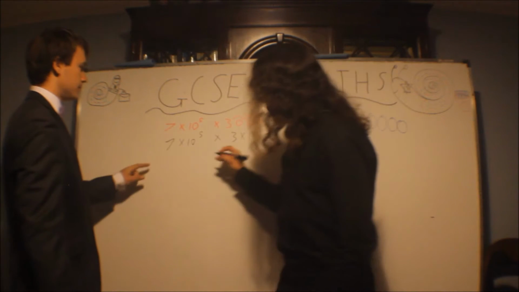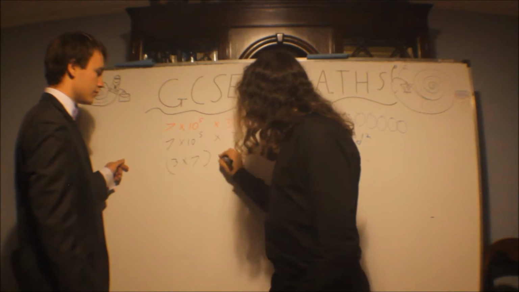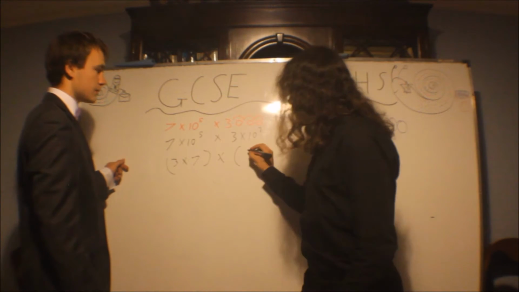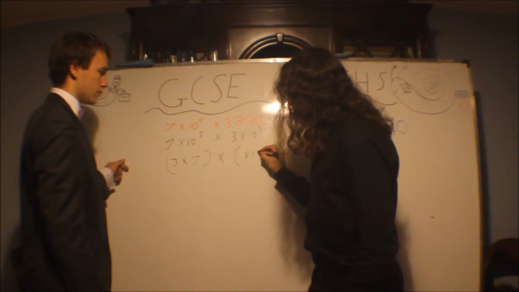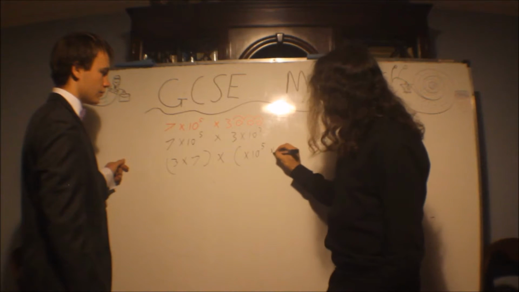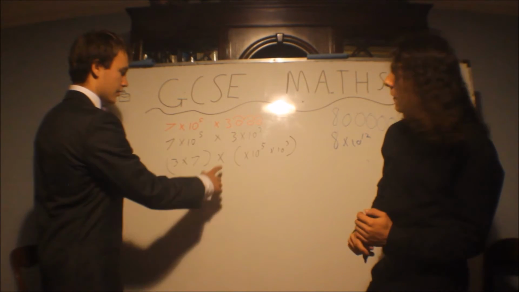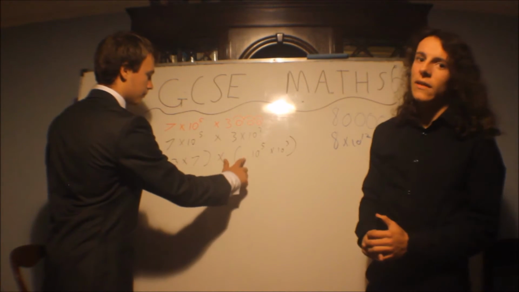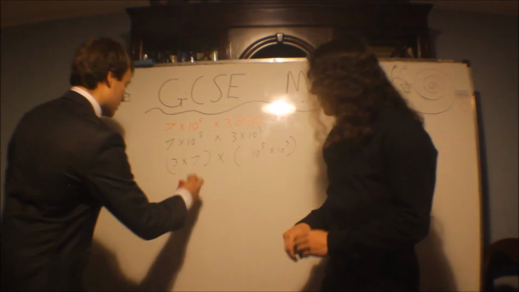So we have our 3 times 7 in one bracket times our sets of things. The brackets aren't necessary, it makes it easier to see. That's right. Like that. 3 times 7 is 21. That's as simple as it is. Yep.